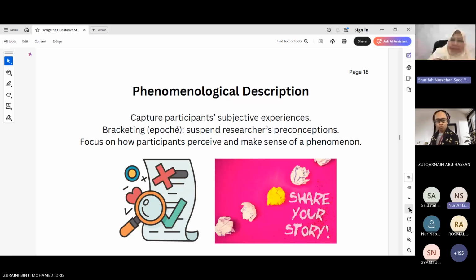Boleh. Maksudnya kalau misal kata bila kita interview dia, cerita tu terlalu luas dan mungkin ada cerita-cerita buruk tu, maksudnya kita cuba faham dari sudut fenomenologi tu. Yes.